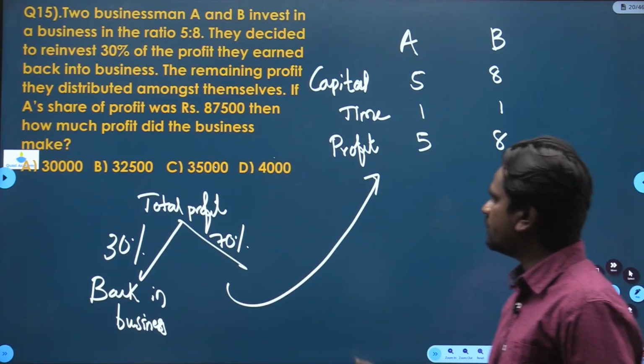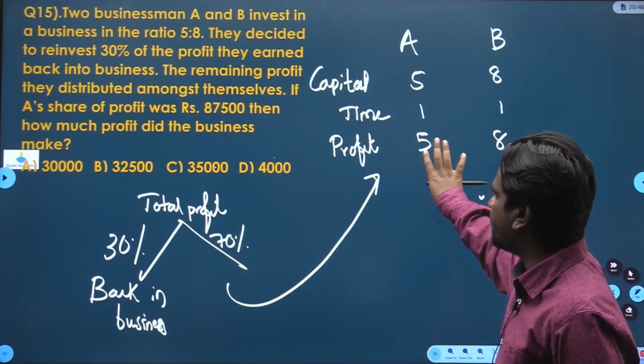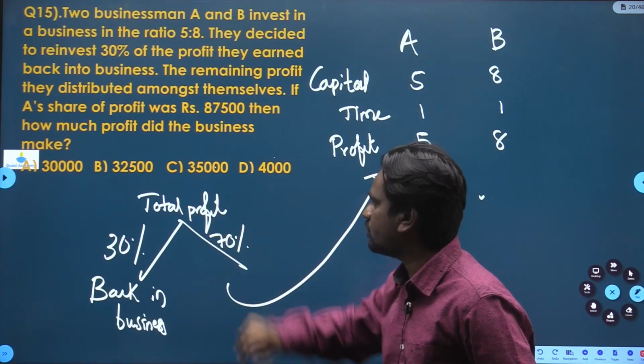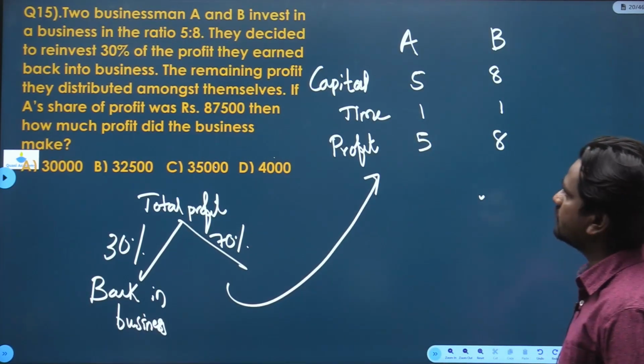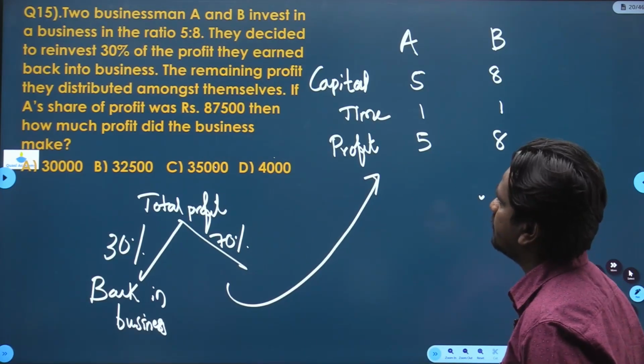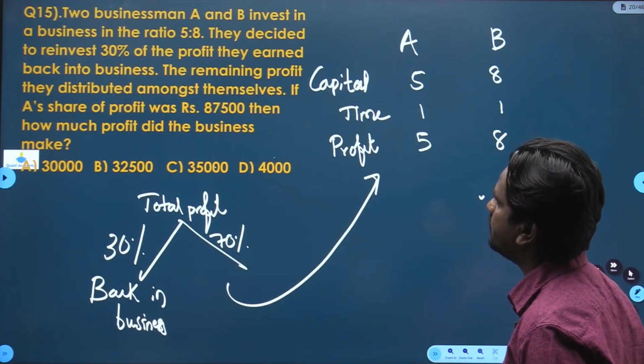So how much profit are they going to make? They are going to share 70% of the total profit, because 30% is reinvested in the business. The remaining profit they distributed amongst themselves.